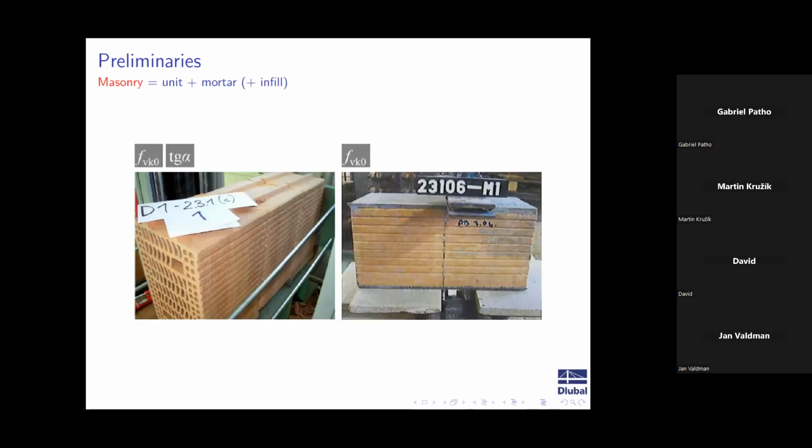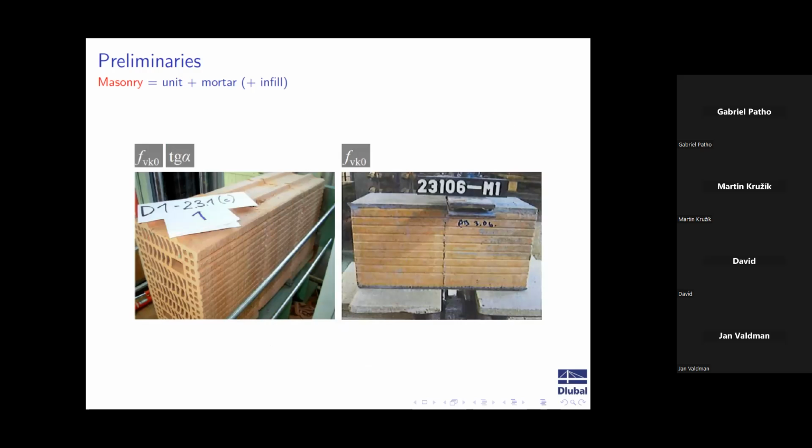Here are some shear tests of the masonry. On the right side, this is without any compressive stress applied. This is called the initial shear strength, but you can also apply some confinement pressure and test the behavior of the masonry.